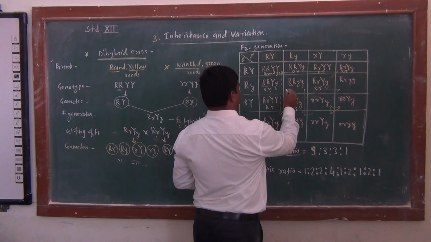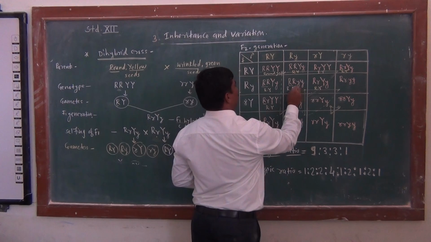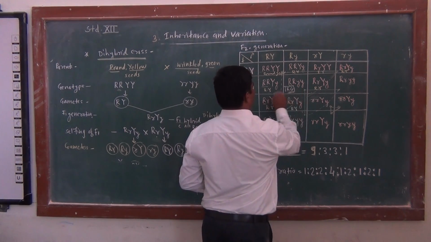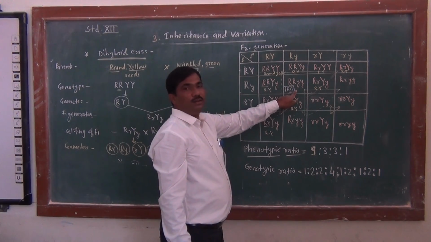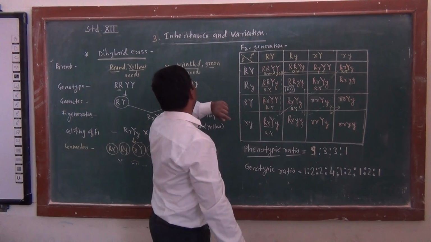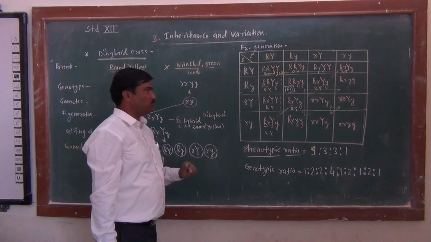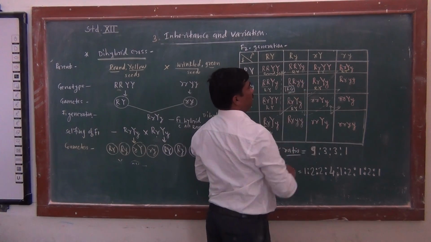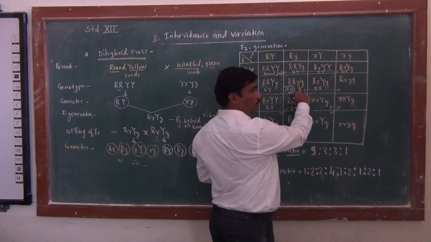Okay. Then here small r, so capital R, small y. So this individual has a rounded seed with a green color. So this new combination is of rounded seed with a green color. Small y we denoted for the green. It is a recessive trait. So the round and green trait occurs in this cross, in this box.